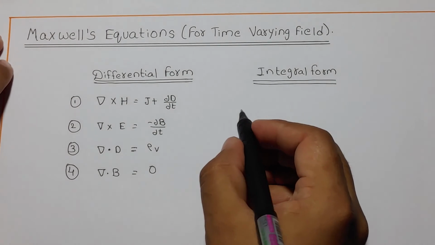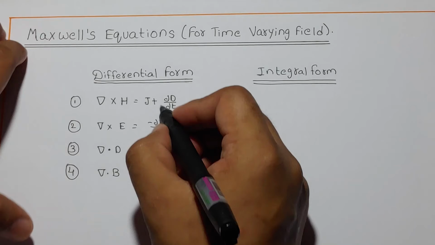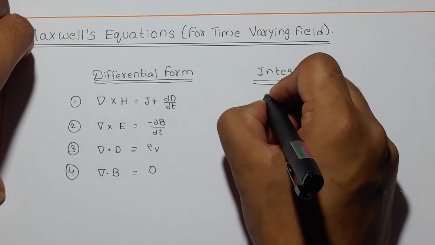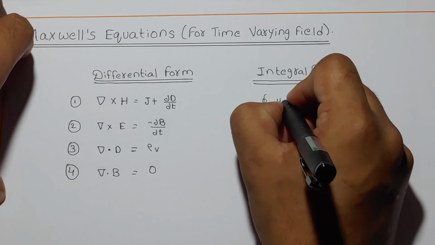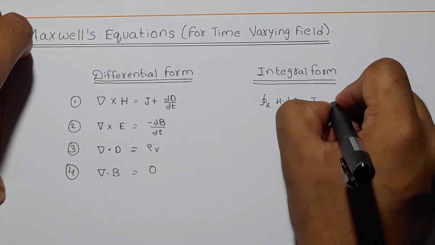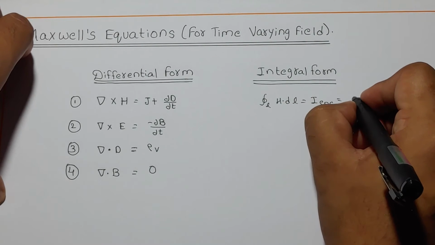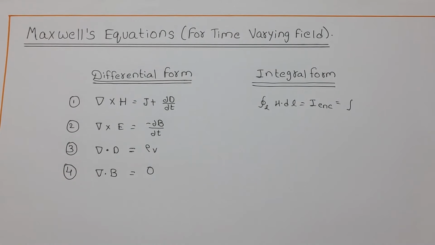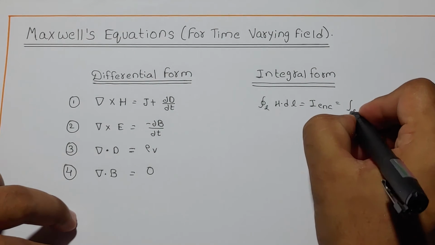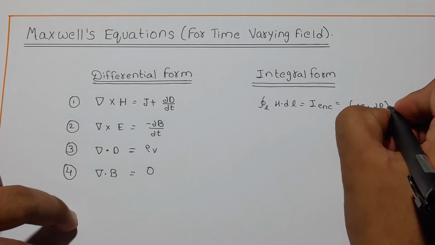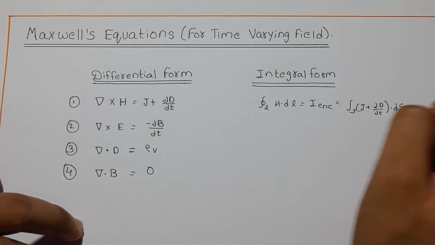Let us write our findings in order. The integral form of the first equation is closed line integral of H dot dl is equal to charge enclosed, which is equal to closed surface integral of J plus dou D by dou t times ds.